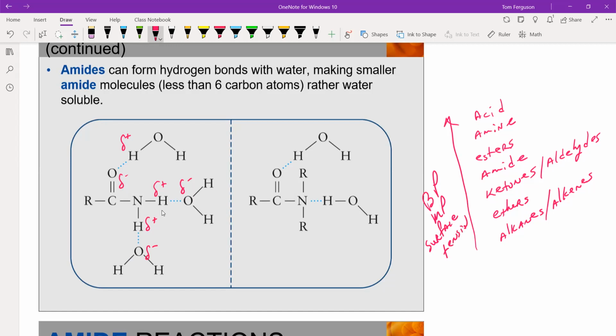So the acids are going to have the highest boiling point, melting point, and surface tension. The alkanes are going to have the lowest.